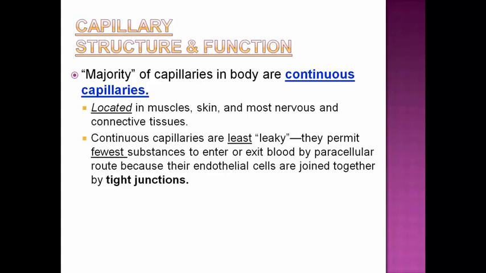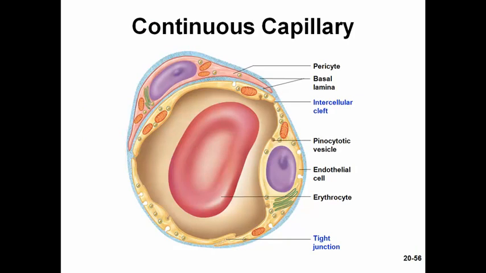So fewer substances can enter and exit the blood using what we call the paracellular route, because the endothelial cells, one layer of them, are bound by tight junctions. So they're the least leaky, but these are the majority. Most of the capillaries found in the body are continuous. If you notice, you see the tiny little intercellular clefts.